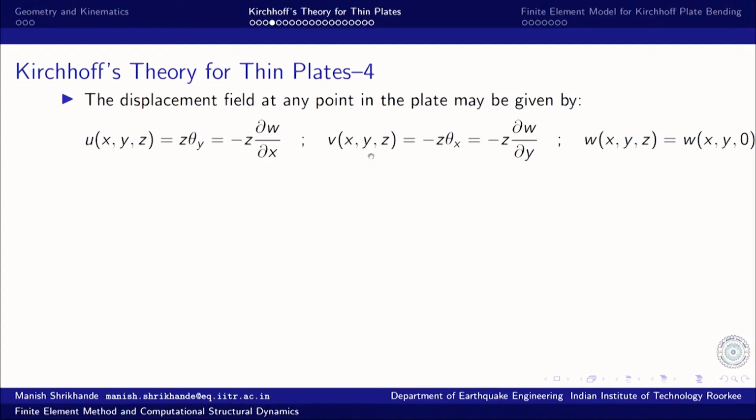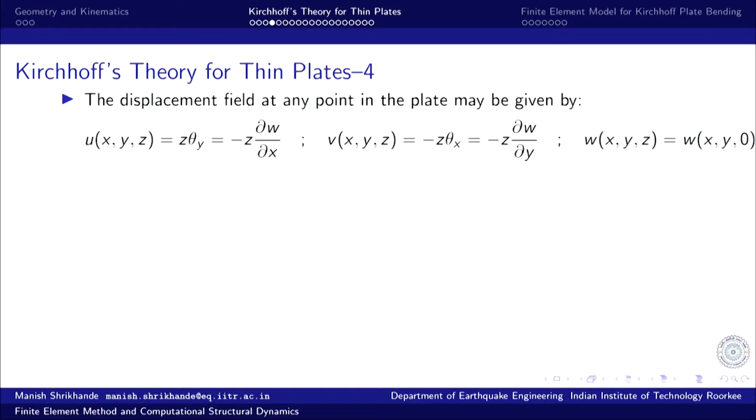So, z times theta y gives the deformation along the x axis, that is the u component, and v as a function of x, y, z will be minus z times theta x, the rotation about the x axis.